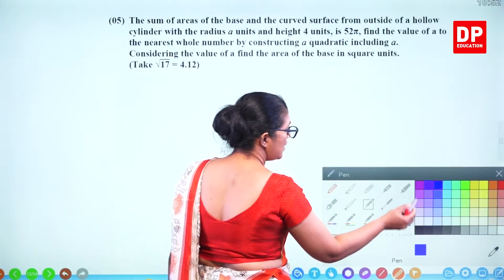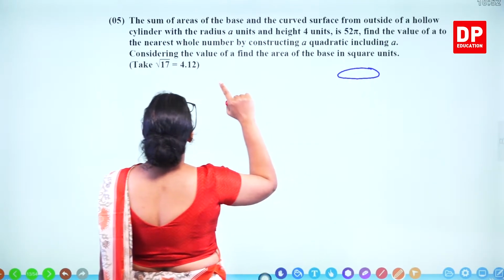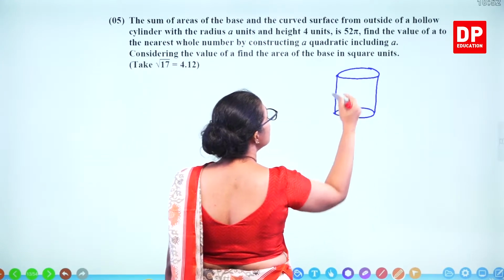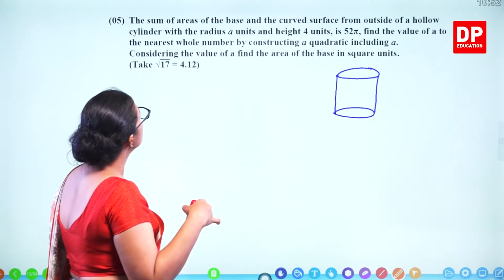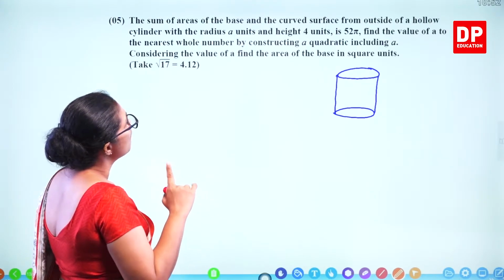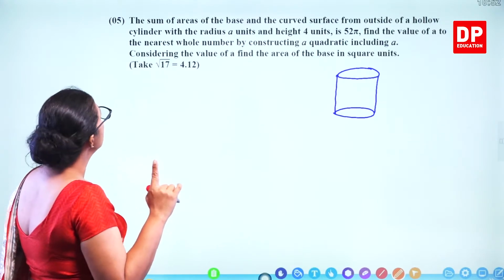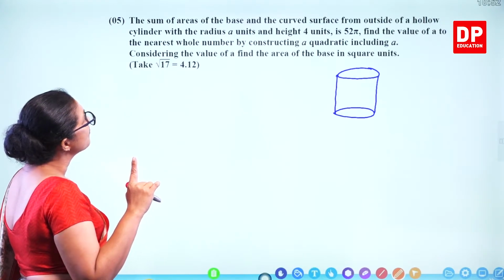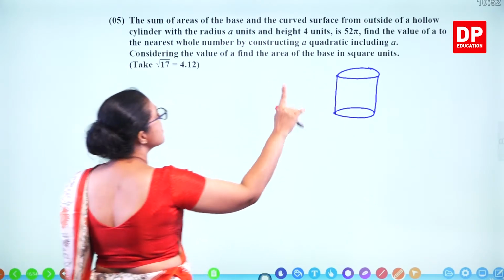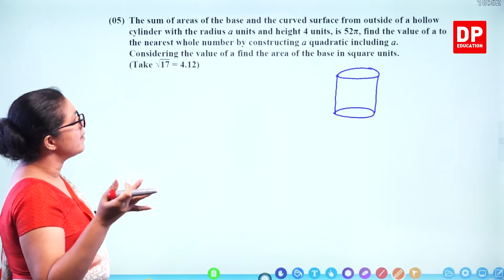So here we'll take it. This is a cylinder. Hollow means inside nothing there. Base and the curved surface from the outside of a hollow cylinder with the radius A units. So this is hollow, which means the lid is not there.